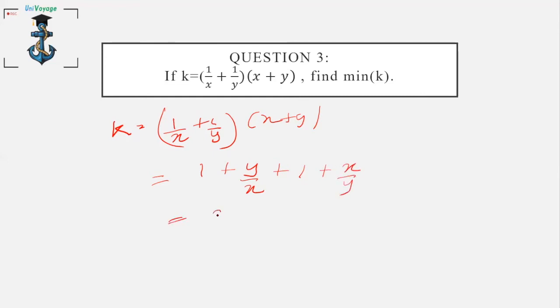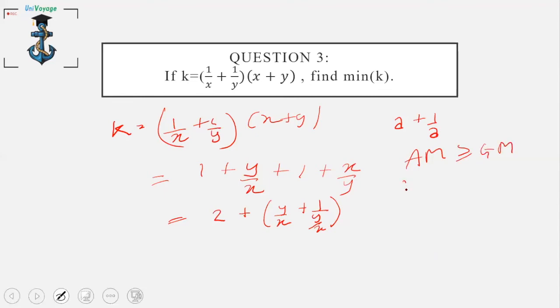This would give you 2 plus y by x, and we can write x by y as 1 upon y by x. Let's take y by x as a. So a plus 1 by a, what is the minimum value of this? So we know that AM is greater than or equal to GM, right?